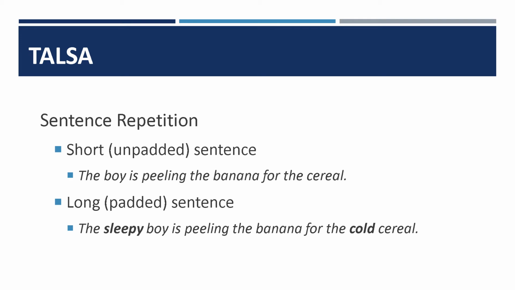In this subtest, the patient repeats 2 types of sentences, a shorter sentence known as an unpadded sentence, and a longer padded sentence with 2 additional content words. The difference in performance shows how a patient handles increased memory load. This subtest also has a 1-second and a 5-second variation, which, as you know from the previous video, gives information about signal strength and signal duration.